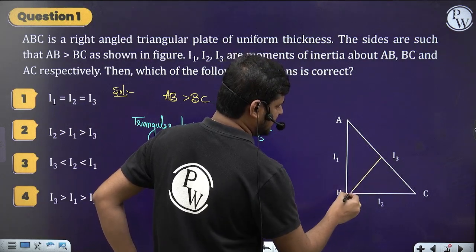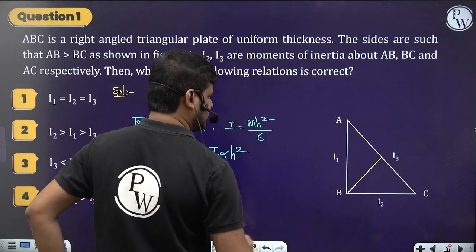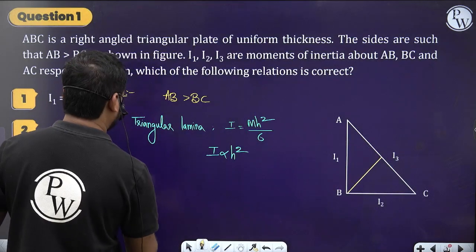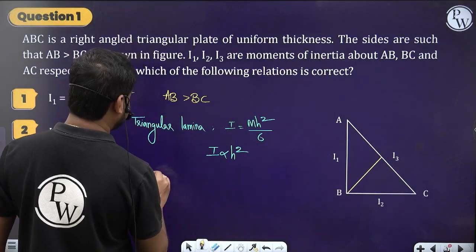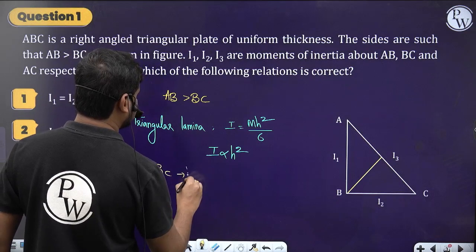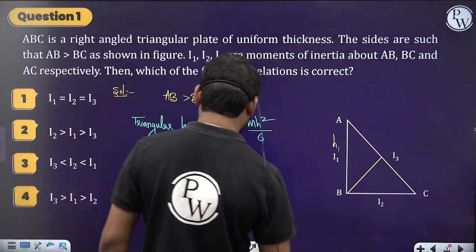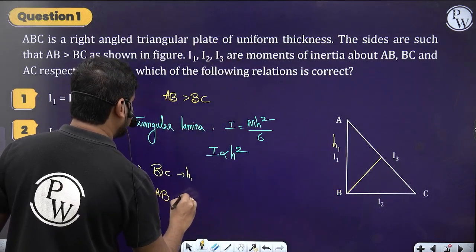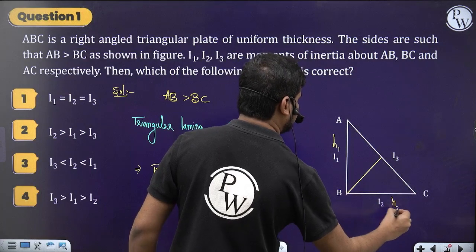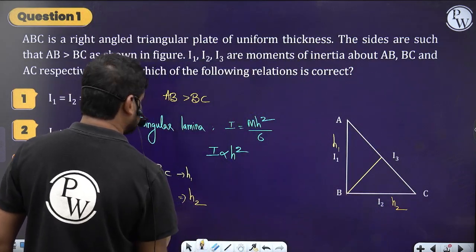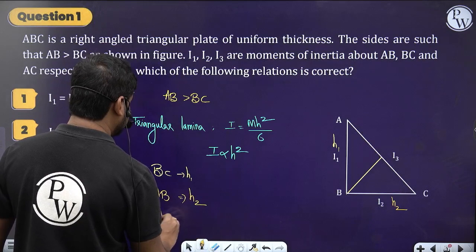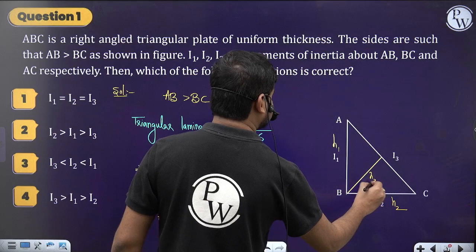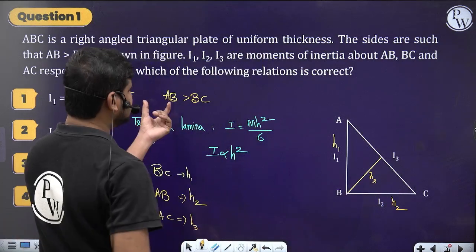So for BC, consider this as height H1. About AB, this will be the height H2. About AC, the height will be H3. In the question they said clearly that the AB side is greater than BC.